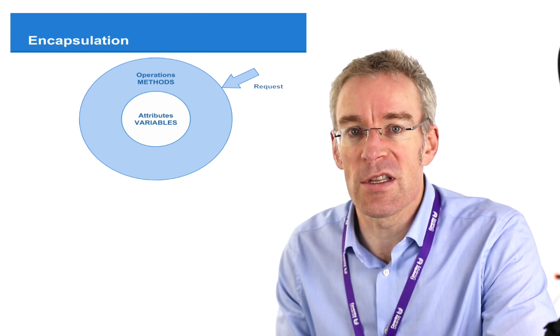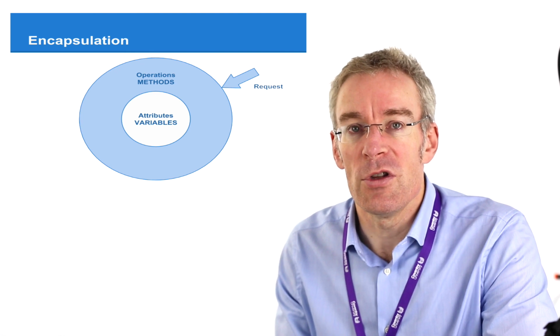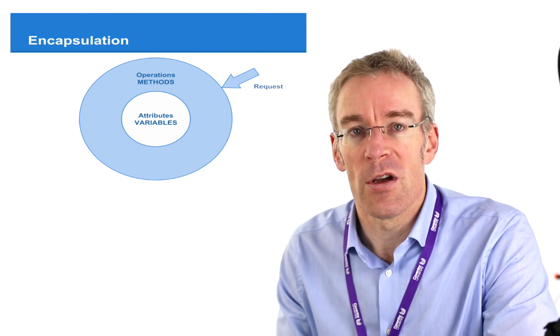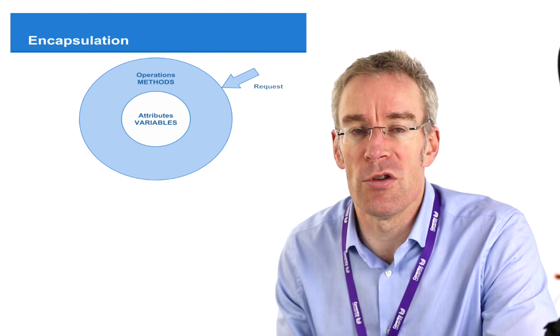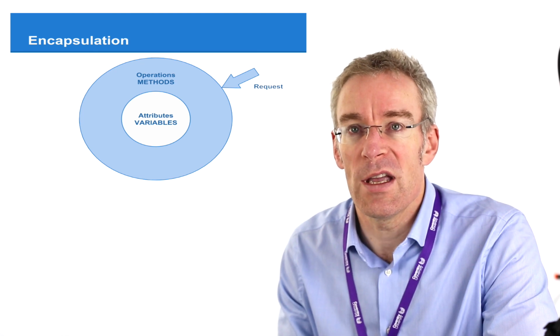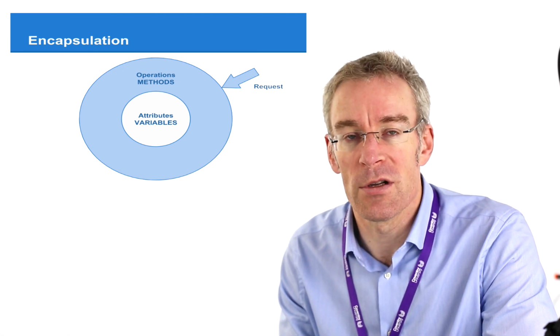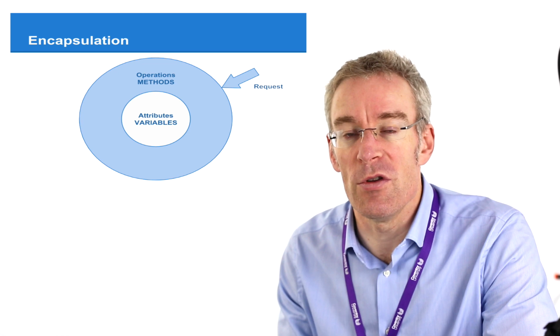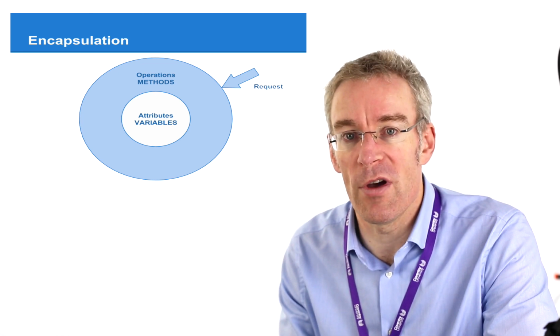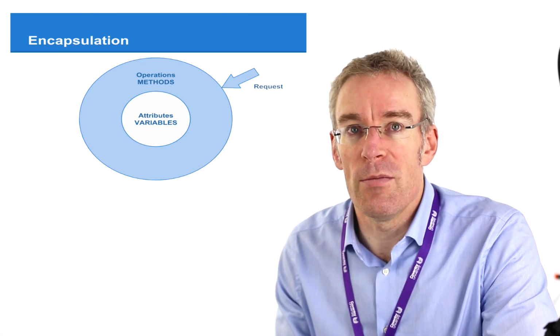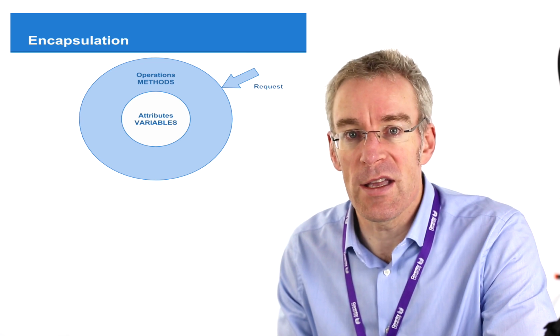In the diagram, you can see the attributes, which are often variables, are hidden from the outside world. To change those attributes, we have to call methods or operations. So the methods and operations are the gatekeepers to the attributes or variables.